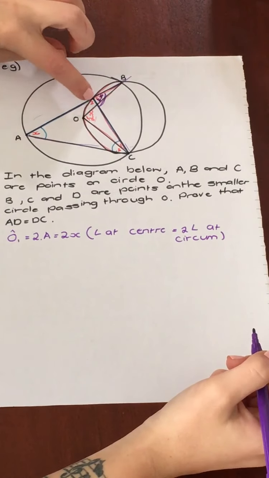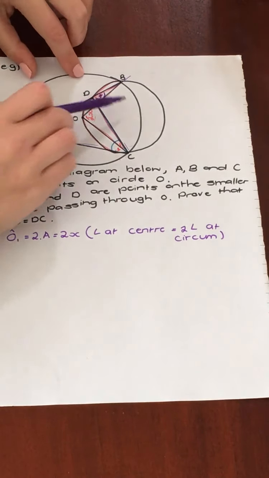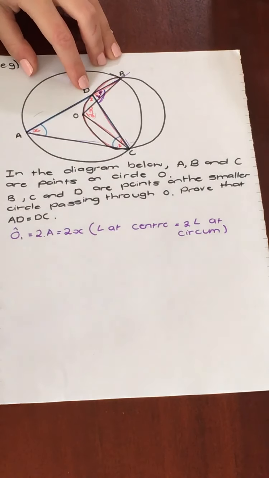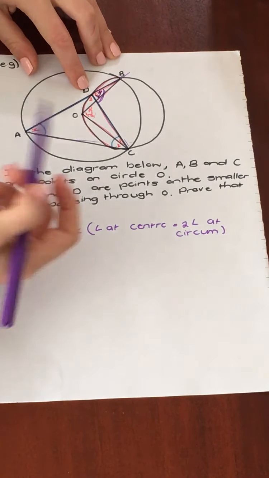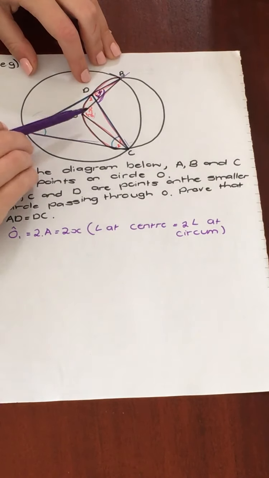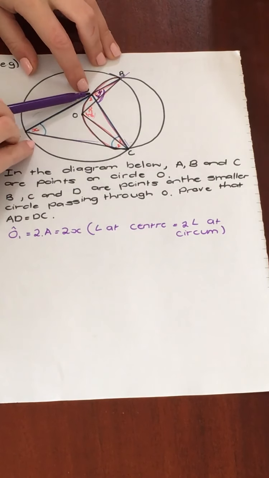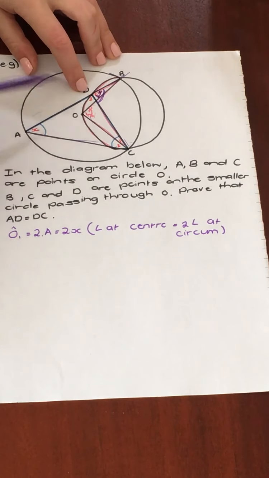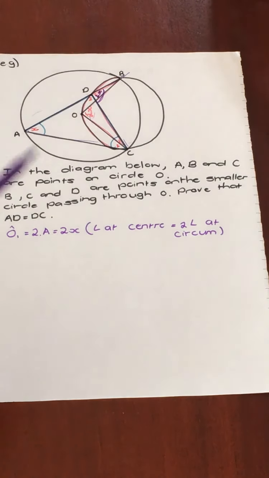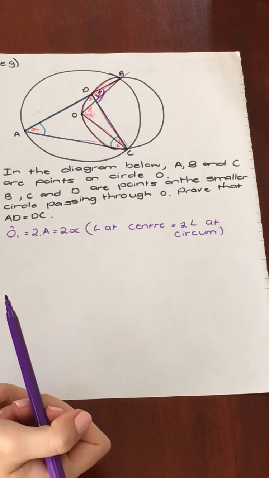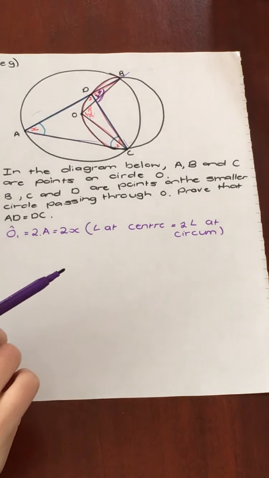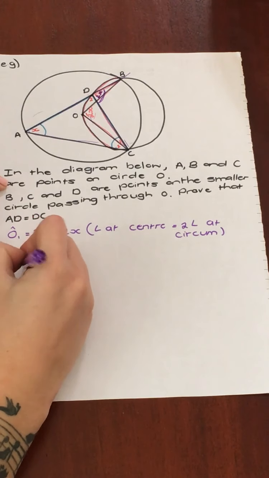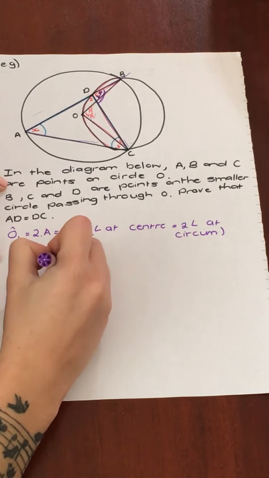The angle at the center, remember, is the center of the big circle, and A is on the circumference of the big circle, so that's theorem 3. Try not to get confused between center and circumference. This was circumference and circumference of the little circle, so those two were equal. Now I know that angle O1 is 2x. I've proved that. Now I can go ahead and say angle D1 is equal to 2x as well.